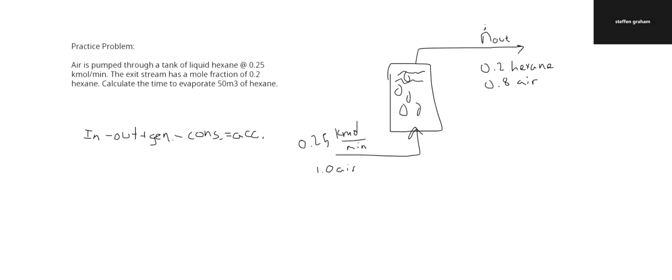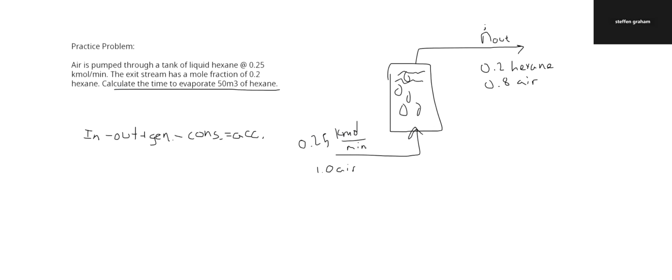So we need to figure out how much hexane is leaving, what the rate of hexane leaving is. Once we have that rate, we can calculate how much time it'll take to evaporate a certain volume.